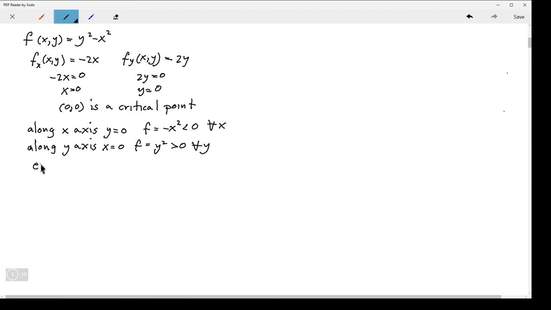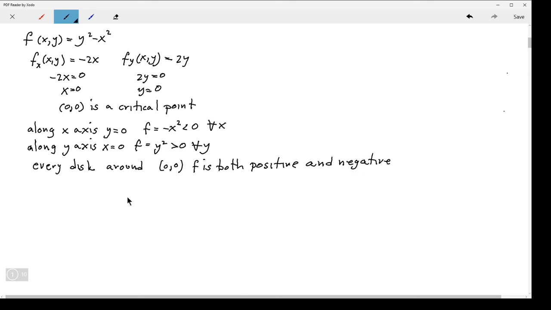Every disk around (0, 0), f is both positive and negative. Now that means that there's no extreme point, right? So no extreme point.